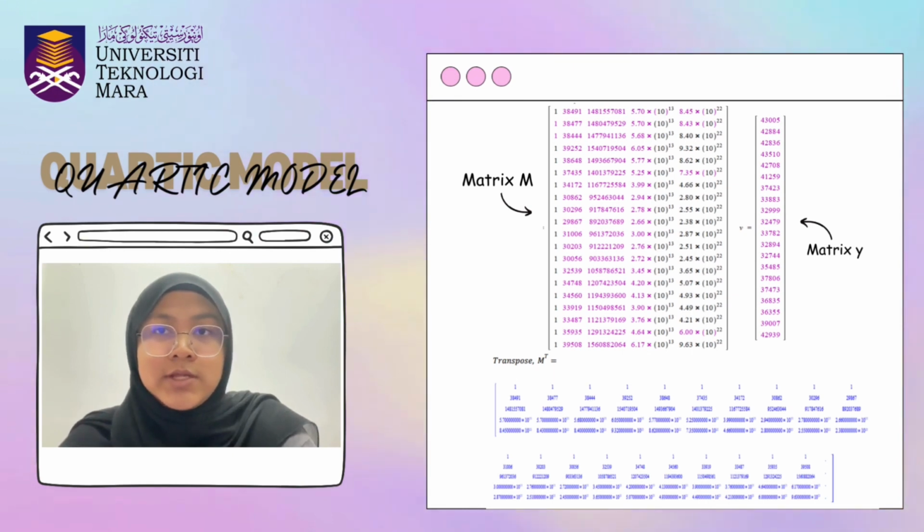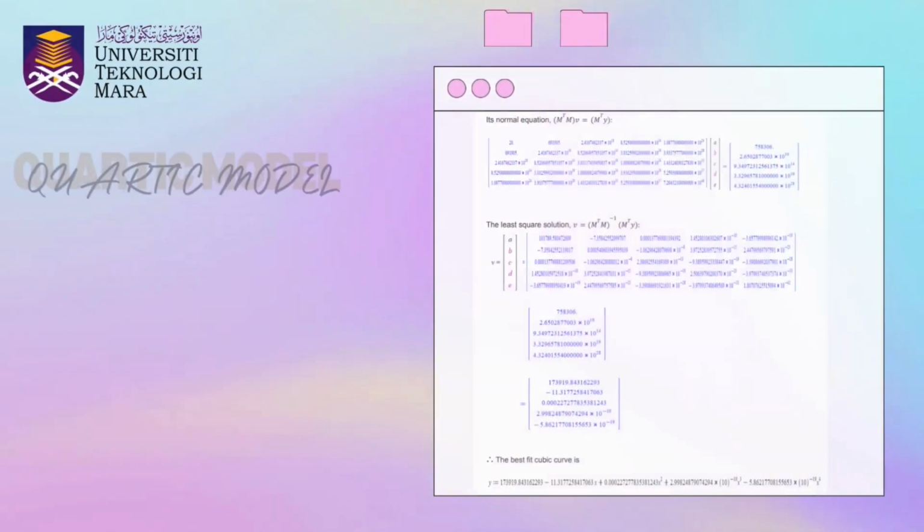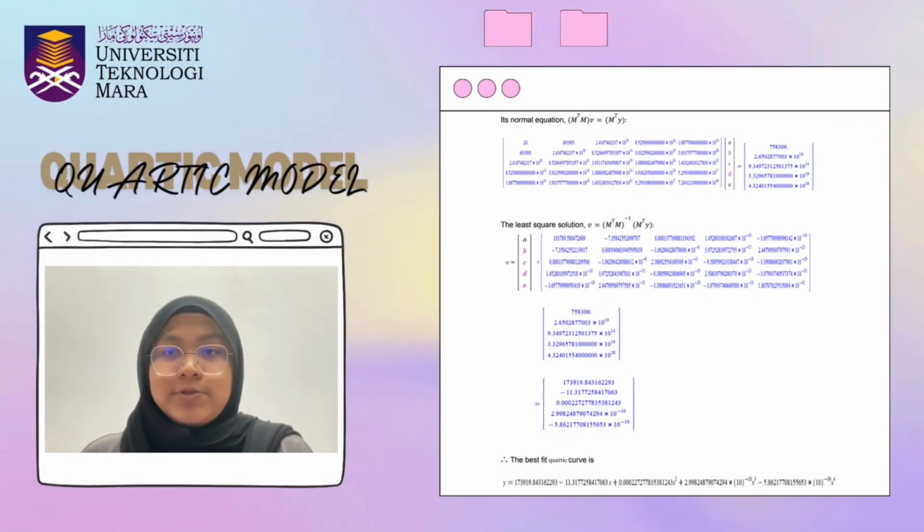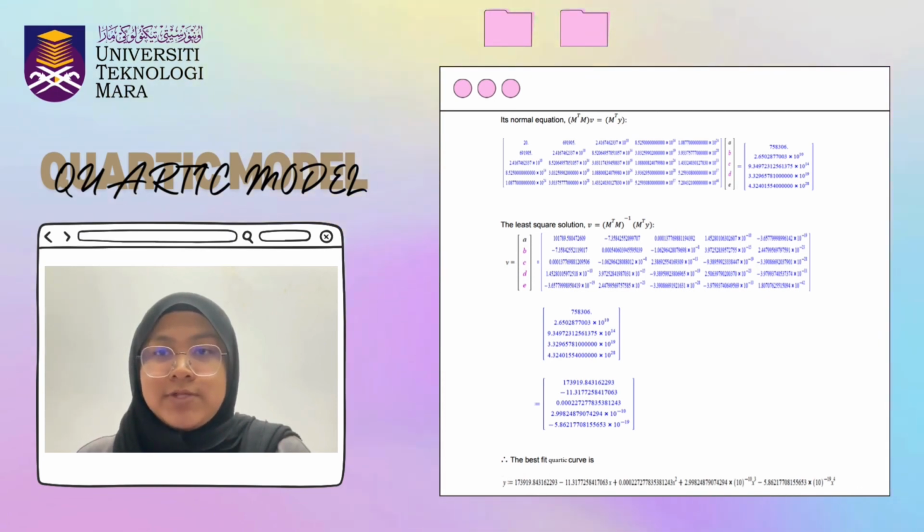It's similar to the linear, quadratic and cubic models, but for quartic, matrix M has 5 columns. By using Maple, we find the M transpose and get the value. We calculate M transpose M and M transpose Y by using Maple, and we substitute the values in the normal equation.